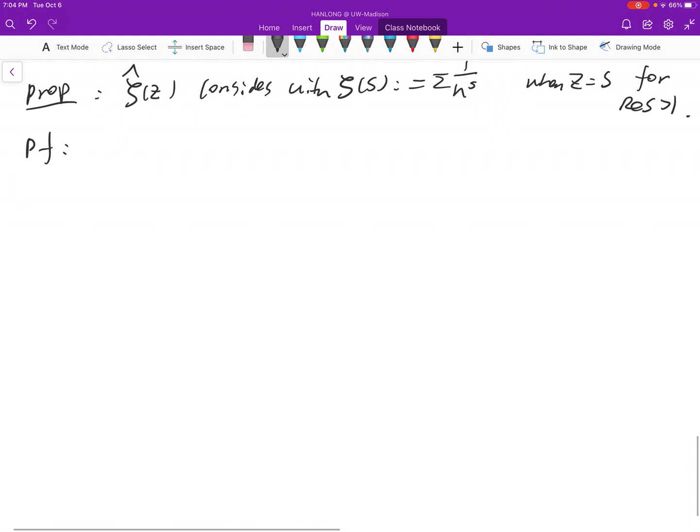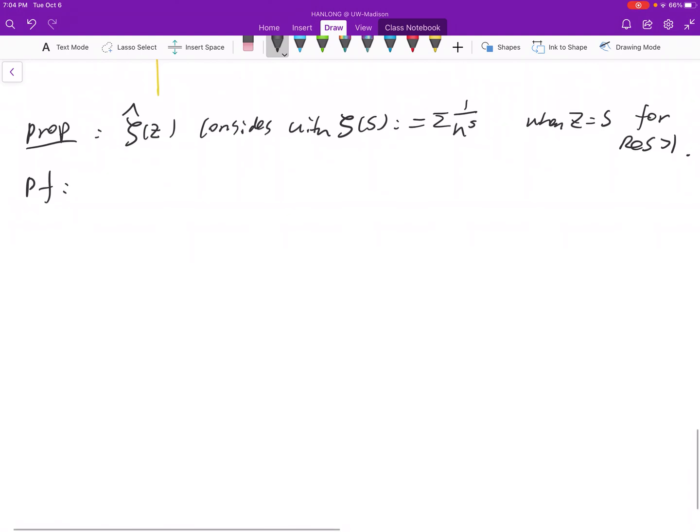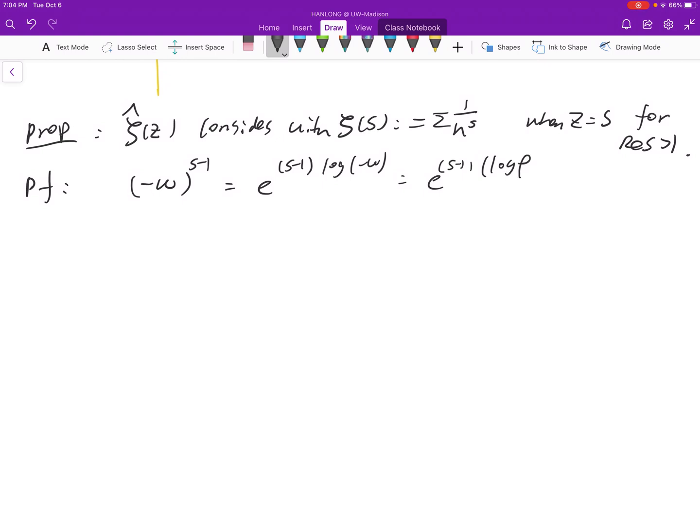Okay, so proof. First, let's look at the power function. It's easy to see the power function now is defined by exponential s minus 1 log negative omega, so exponential s minus 1 log rho plus the angle, which will be i phi minus pi.